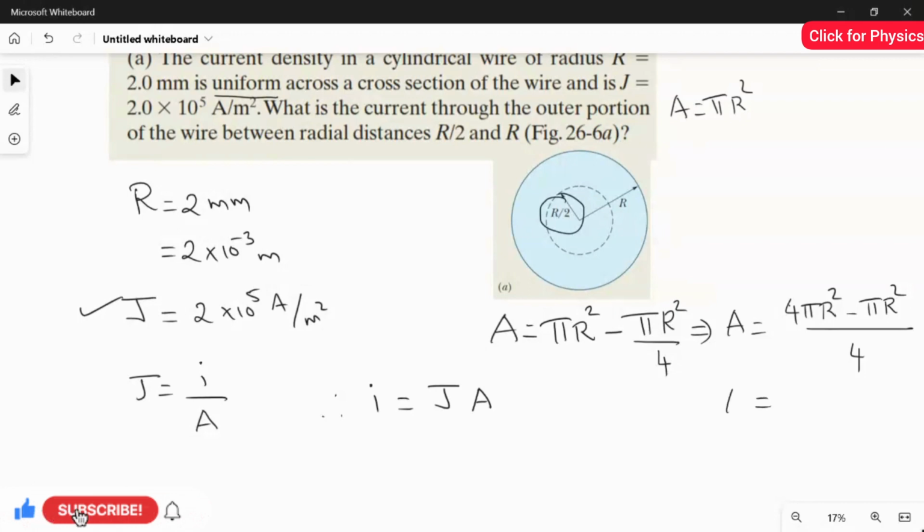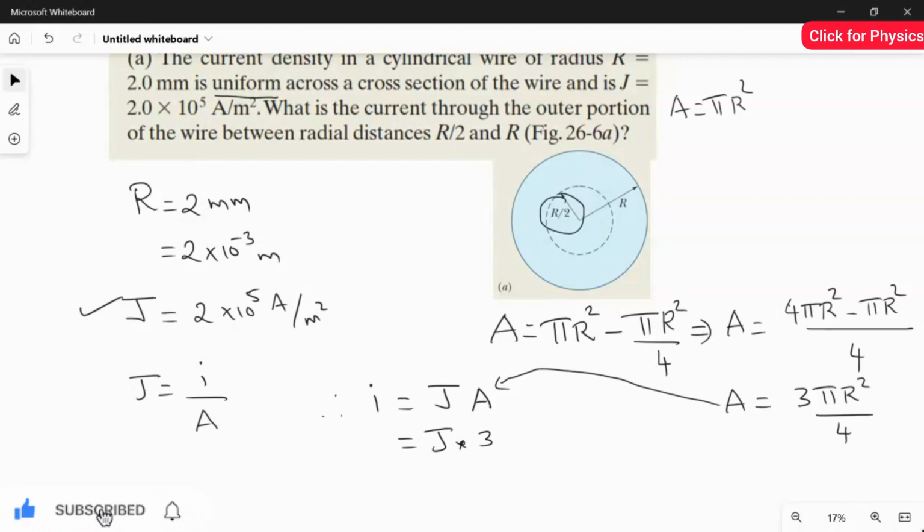The final answer for the area here is 3 pi r square over 4, right? So I'm going to take this area, I'm going to substitute here. If you substitute, what you'll get? J multiply with 3 pi r square over 4.